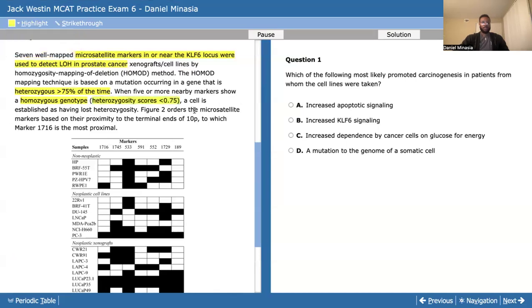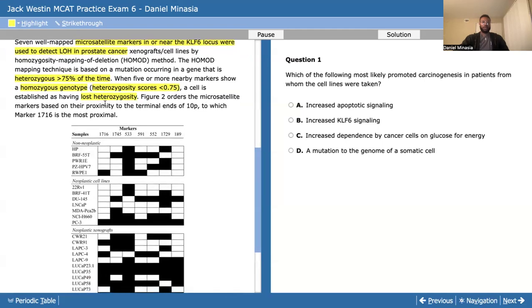So this is like a grading rubric, right? So if a microsatellite marker that is heterozygous more than 75% of the time is found to have a heterozygosity score less than 0.75, then it's become homozygous, okay? And the cell is established as having lost heterozygosity. Okay, so this is how they determine whether a cell has lost heterozygosity.